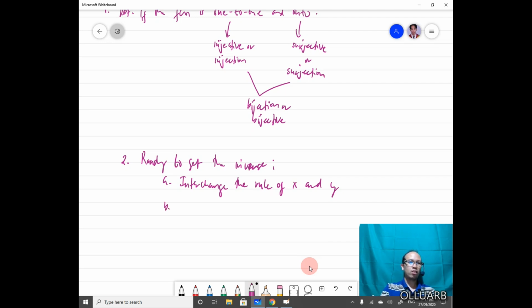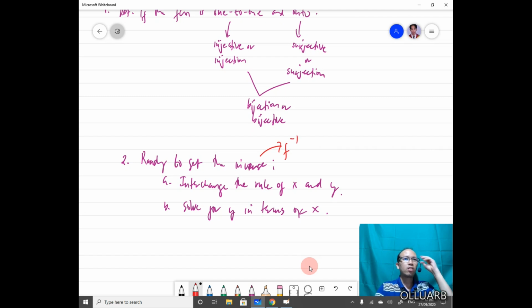The second is solve for y in terms of x, and after that the resulting answer will be your inverse, which will be denoted by f inverse. So these are the methods.